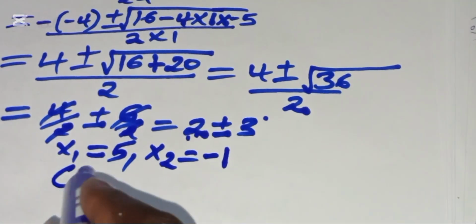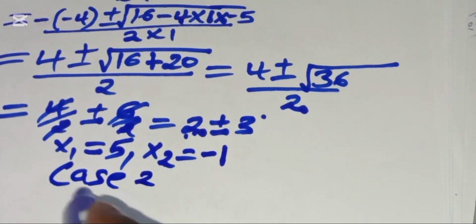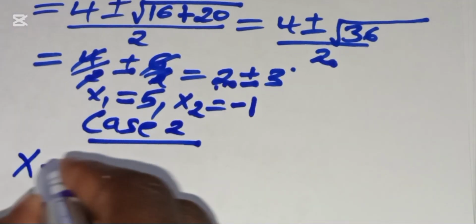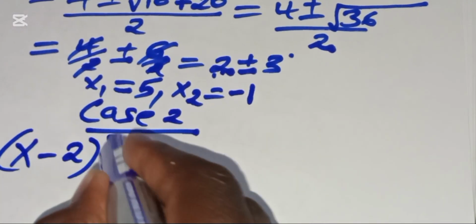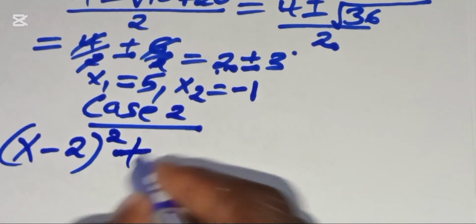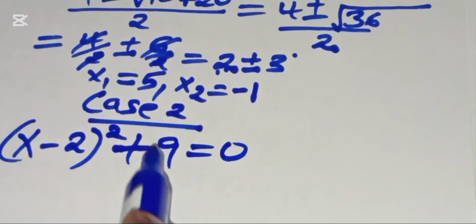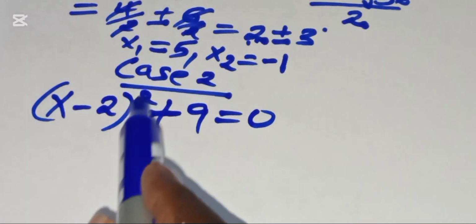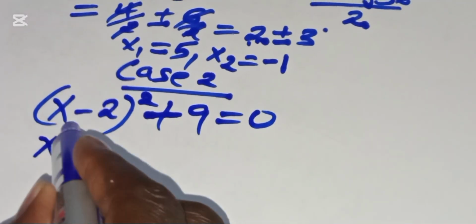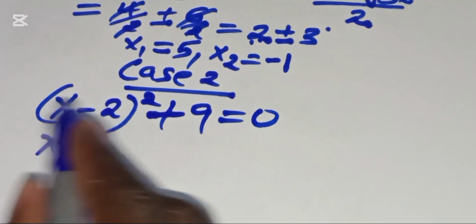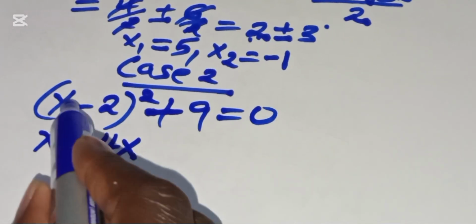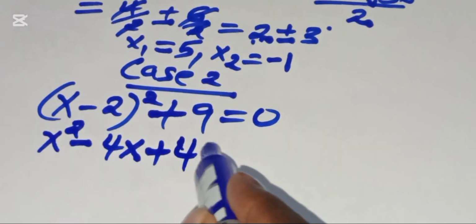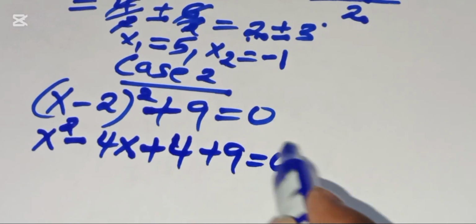So let's solve case 2 quickly. For case 2, we have (x minus 2) squared plus 9, equal to 0. Now (x minus 2) squared is the same thing as x squared, subtract 4x, then plus negative 2 squared, which is 4, plus 9, equal to 0.